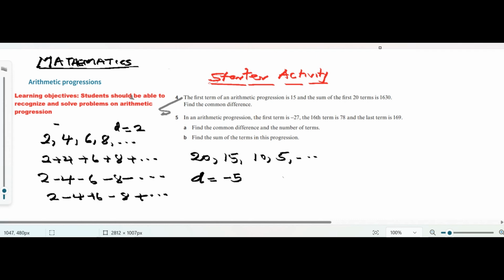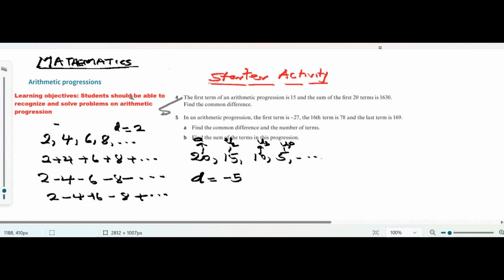In every arithmetic progression, the first term is always called A. The second term we can call U2, the third term U3, the fourth term U4. In some textbooks, they call it first term, second term, third term.